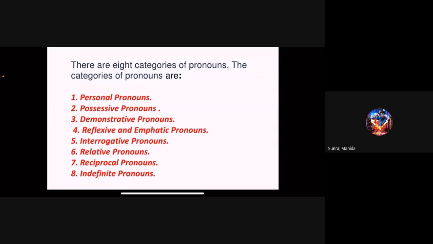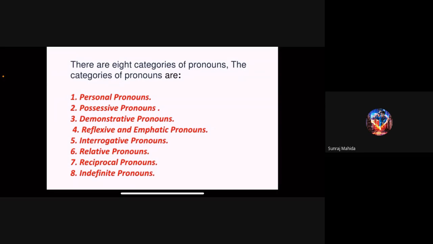The categories of pronouns are personal pronouns, possessive pronouns, demonstrative pronouns, reflexive and emphatic pronouns, interrogative pronouns, relative pronouns, reciprocal pronouns, and indefinite pronouns. Okay, now Sahil, continue.